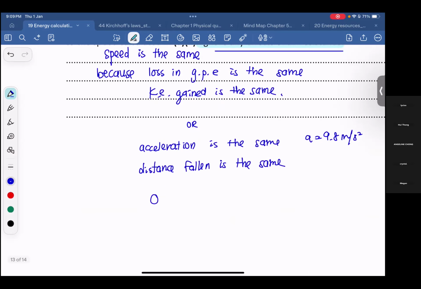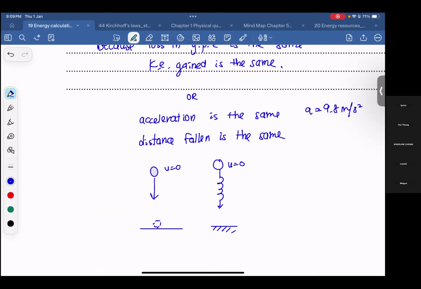So for example, like this, falling down. Another one like this, the performer falling down. Both having u equals to 0. Final v. Going down at 9.8 meters per second squared. a equals 9.8 meters per second squared.